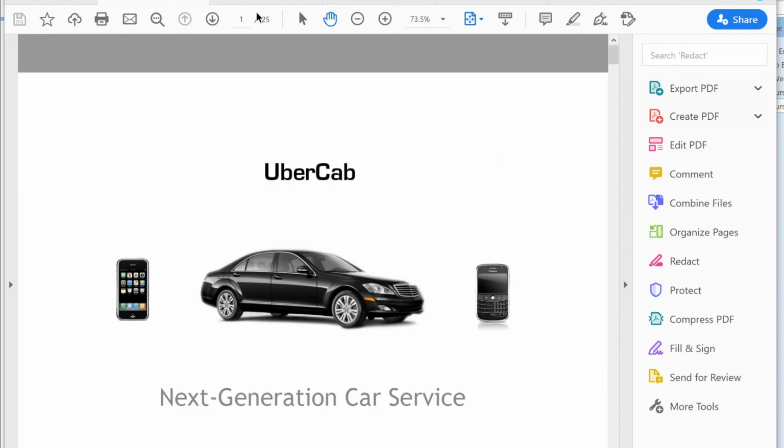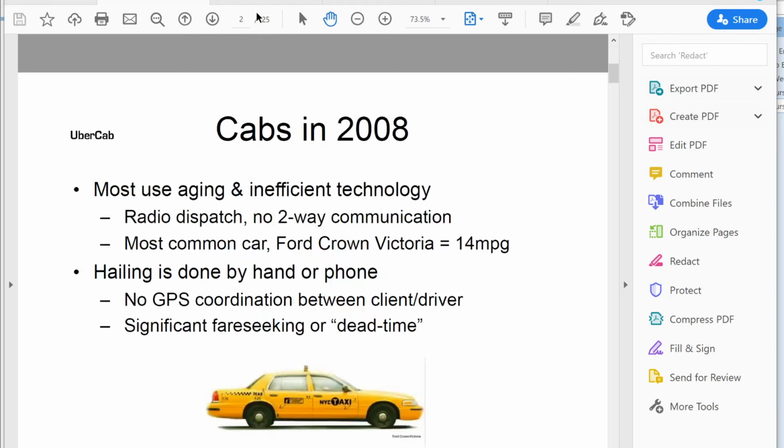And next, everybody knows Uber, so I'm going to cover Uber for a second. Most of you probably didn't know that Uber started as Uber Cab, a next generation car service. What? A car service? I thought Uber was for the masses. Well, the first idea was to be a cab service, because Uber got started as an alternative to cabs.